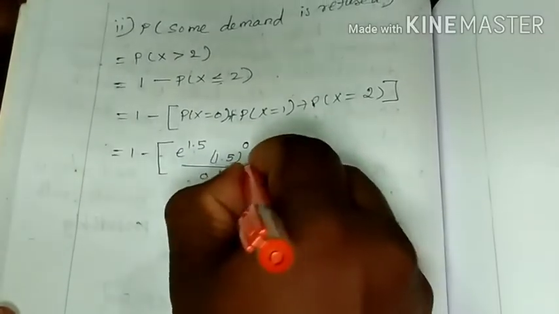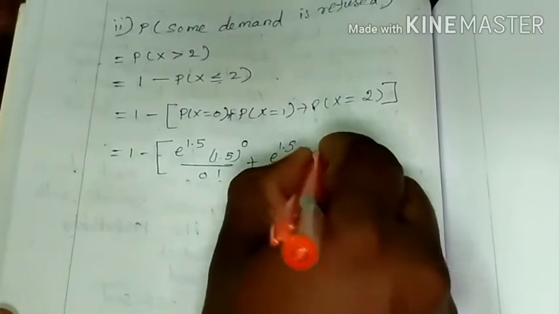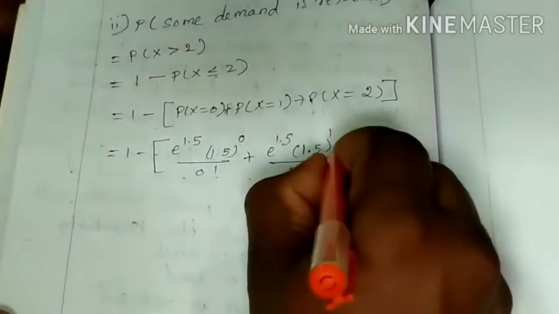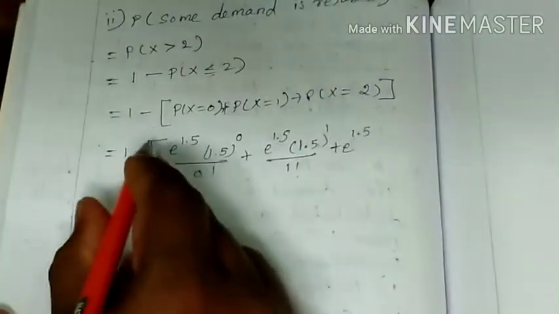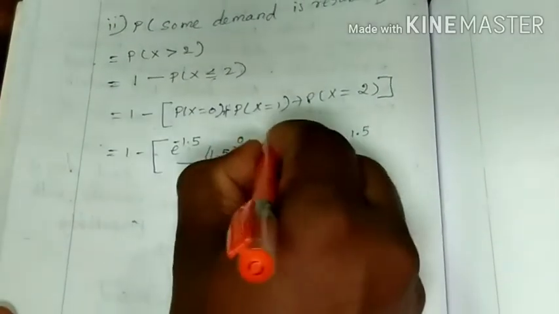This is our definition. Plus e power minus 1.5 times 1.5 power 1 over 1 factorial, plus e power minus 1.5 times 1.5 power 2 over 2 factorial.